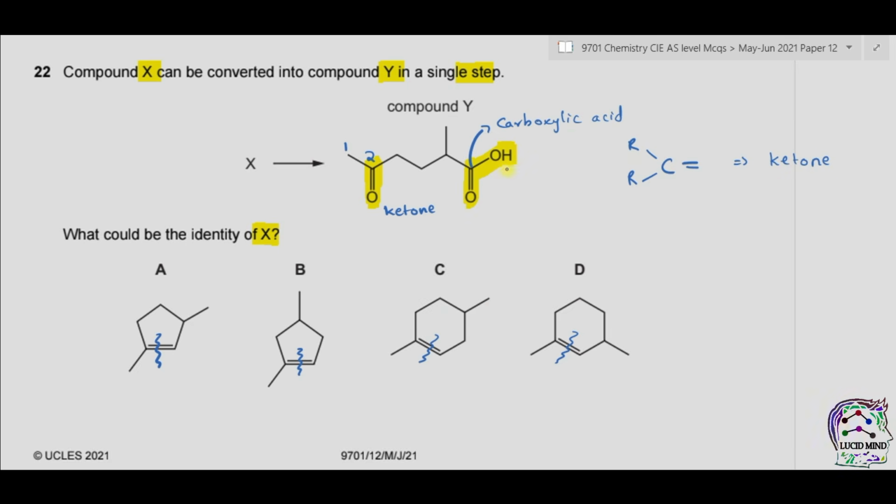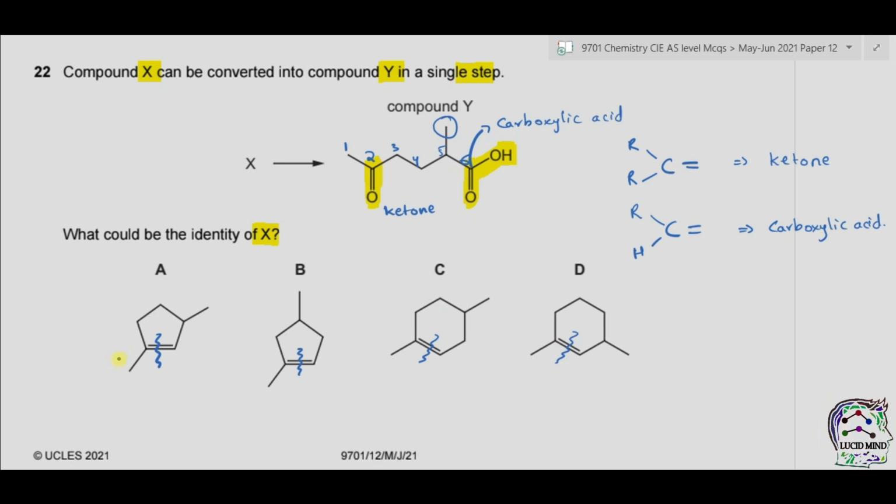And in order to form a carboxylic acid, the double bonded carbon in the alkene must be bonded to one alkyl group and one hydrogen. In the product we have 1, 2, 3, 4, 5, then subsequent 6 carbon atoms in the long chain. It means that the double bond must be between the second and sixth carbon atom.